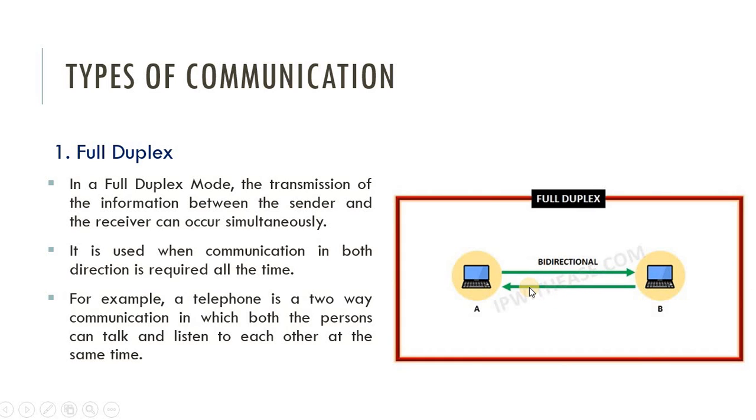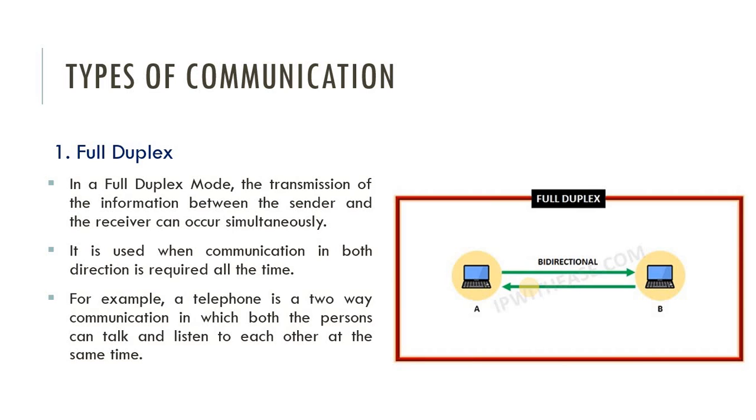For example, a telephone is a two-way communication in which both persons can talk and listen to each other at the same time. If I call my friend, at the same time I am able to speak, and my friend is also able to speak. That type of connection is called full duplex.